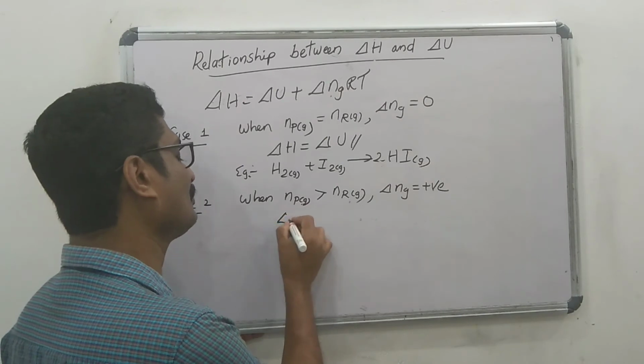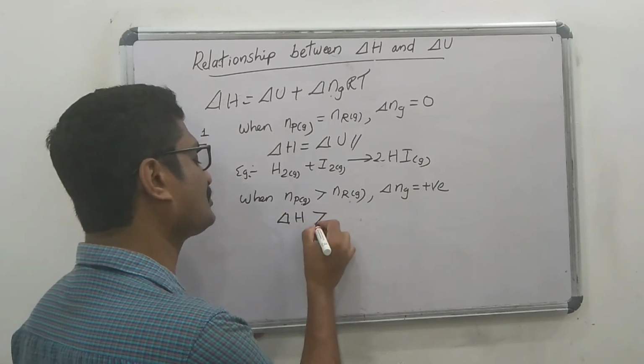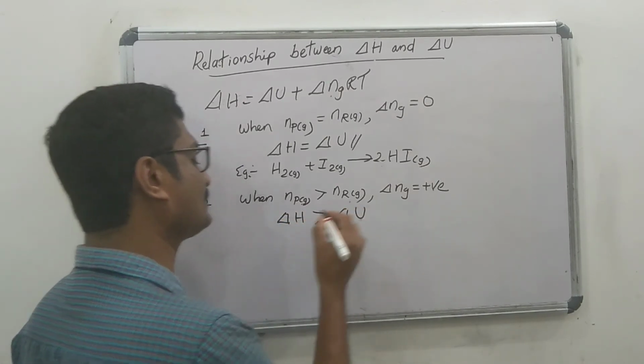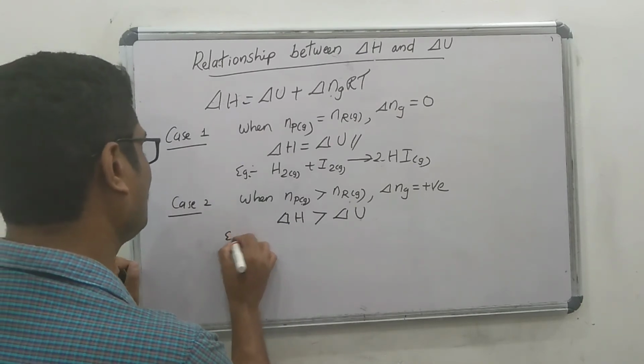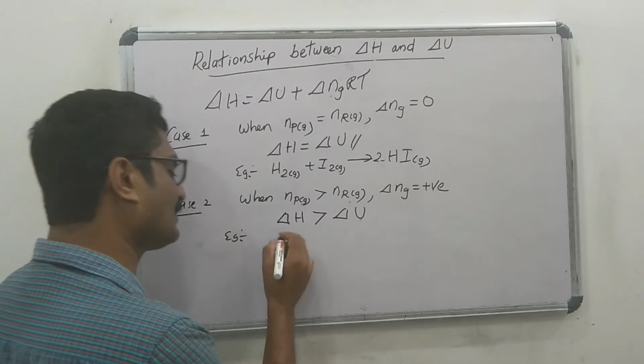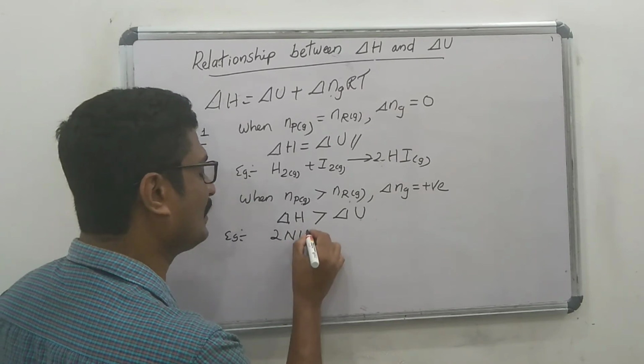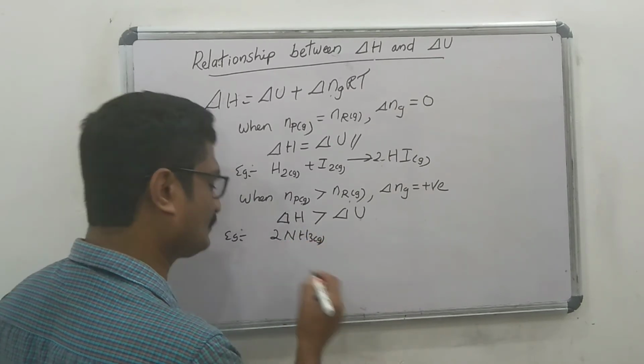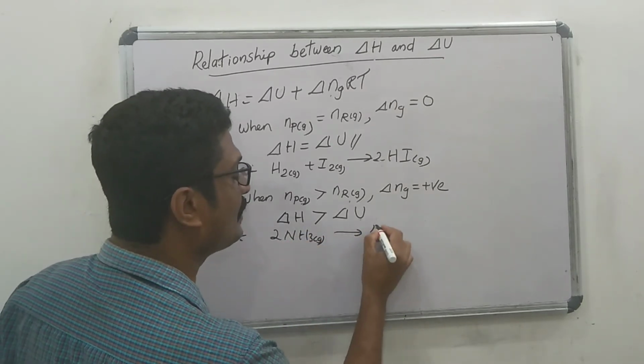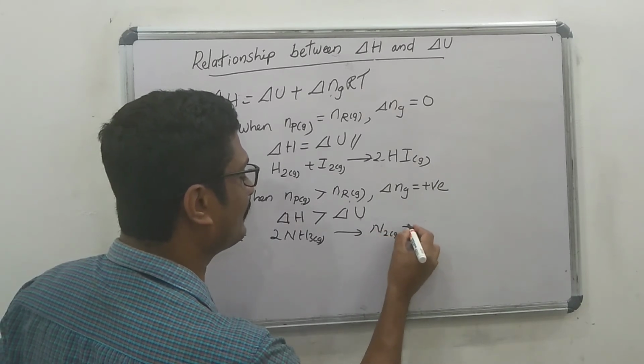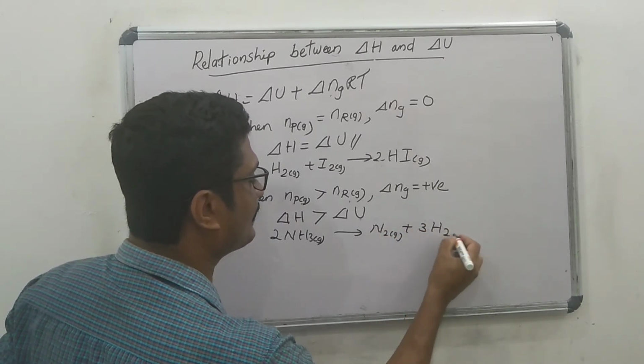Here the value of delta H is greater than delta U. For example, we can consider a reaction, decomposition of ammonia. When ammonia gas gets decomposed to form nitrogen gas and 3 moles of hydrogen gas.